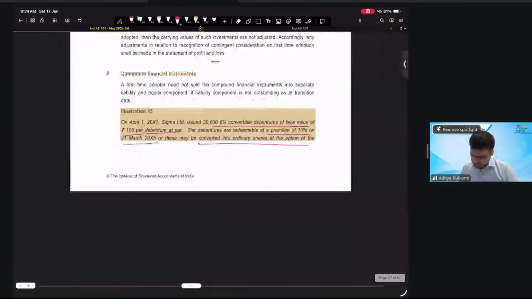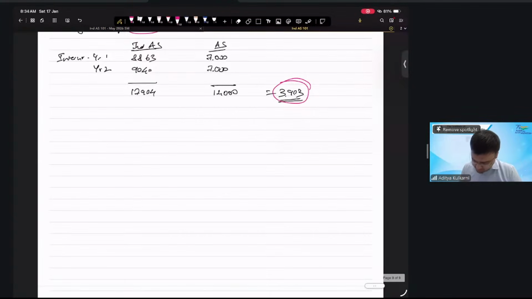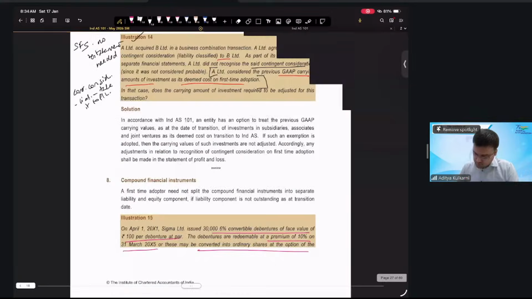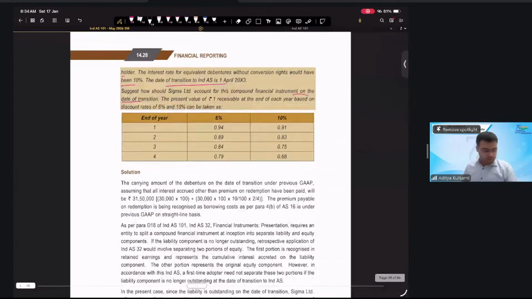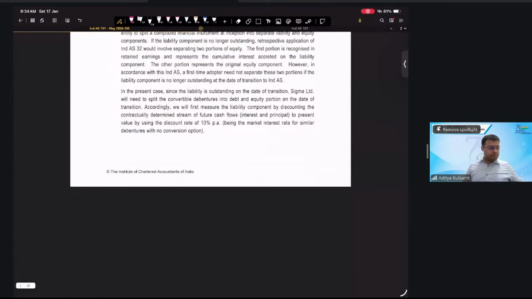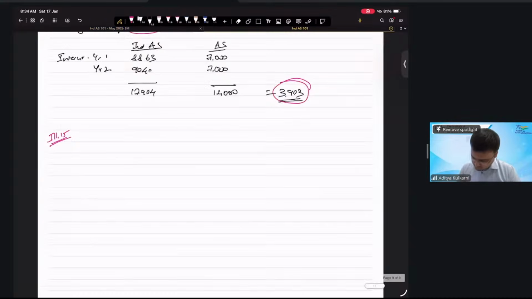This is illustration 15. This fair value comes to 26 lakh 10,600. Let us check. Issue proceeds 30 lakhs.